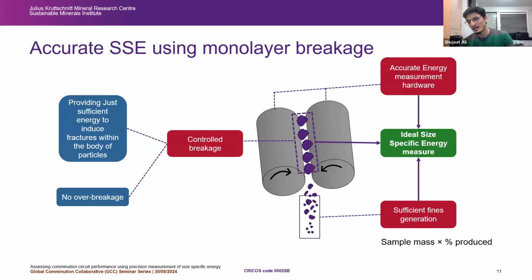What I did was this: if I managed to get a device that breaks a monolayer of particles in a very controlled manner, and I managed to get enough fines for sizing, and I can also measure the breakage response accurately using some kind of torque energy method, I will be in a position to determine my practical minimum comminution energy across a wide particle size range.